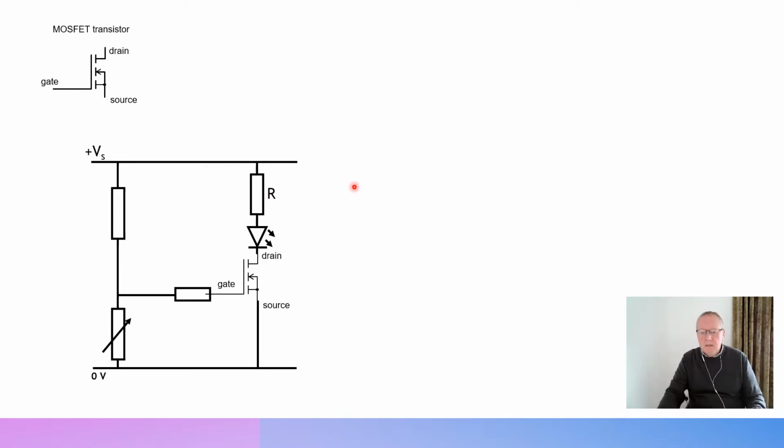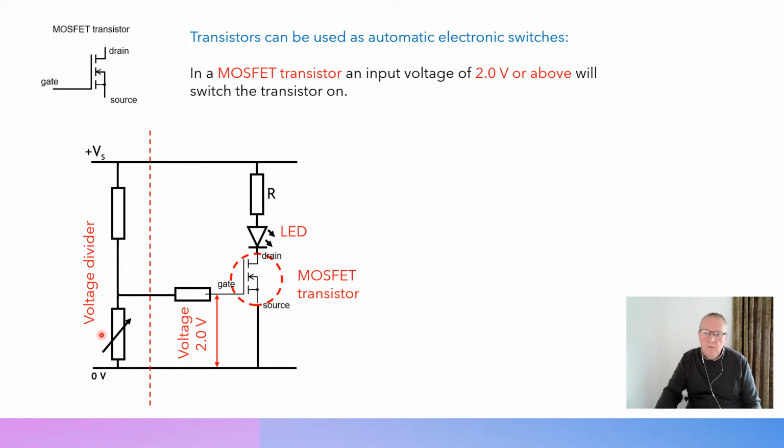The other type of transistor you can find in Nat 5 physics is called a MOSFET transistor, and it works in exactly the same way. Oh, that's a dodgy diagram, never mind. It stands for metal oxide semiconductor field effect transistor, but you will not need to remember that. So it's part of the circuit and it just works in exactly the same way. We've got the same voltage divider circuit here with a variable resistor at the bottom, and the MOSFET transistor, and the difference between the MOSFET and the NPN is the voltage that switches it on.